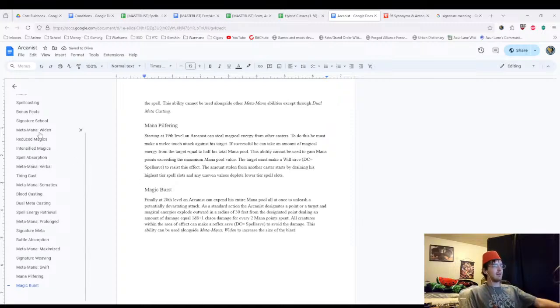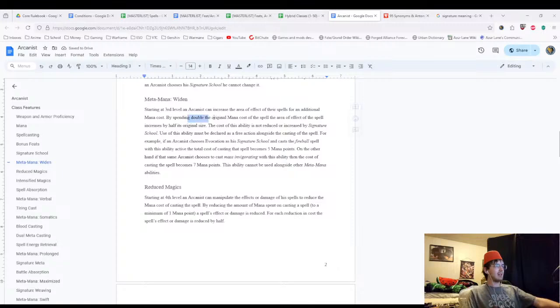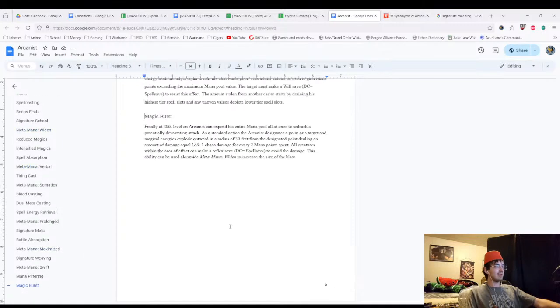Should we use Meta Mana Widen here? Hold on. Double the original mana cost. Right, so we're going to have to key this to increase the size of the blast for a cost.